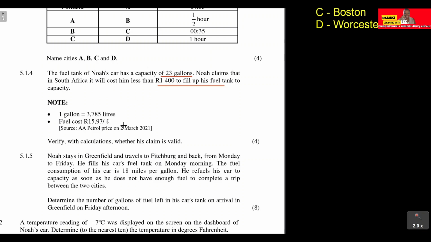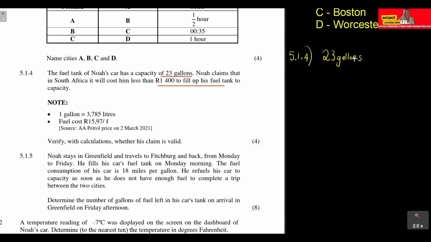After we've converted these gallons to liters, we will be able to determine how much Noah is going to pay for the liters of petrol. That's what we're going to do now. This is question 5.1.4.